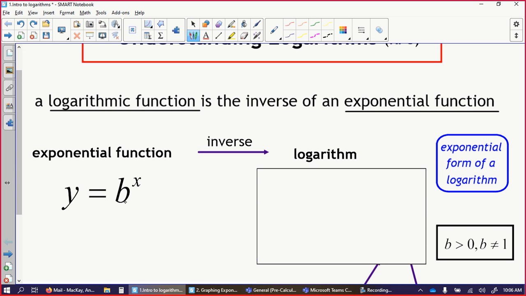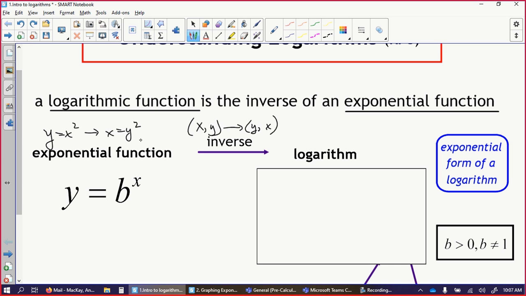So we've done exponential functions: y equals some base to the power of x. When we do the inverse, as a mapping rule, we change the x and the y. When we do y equals x squared, the inverse of that is x equals y squared.